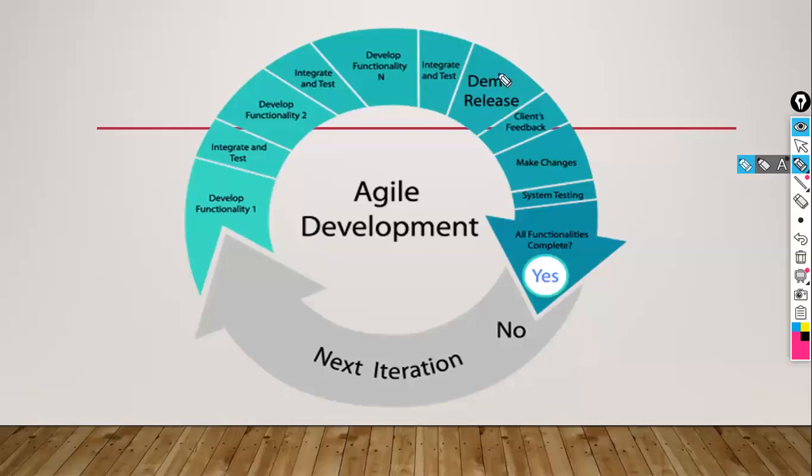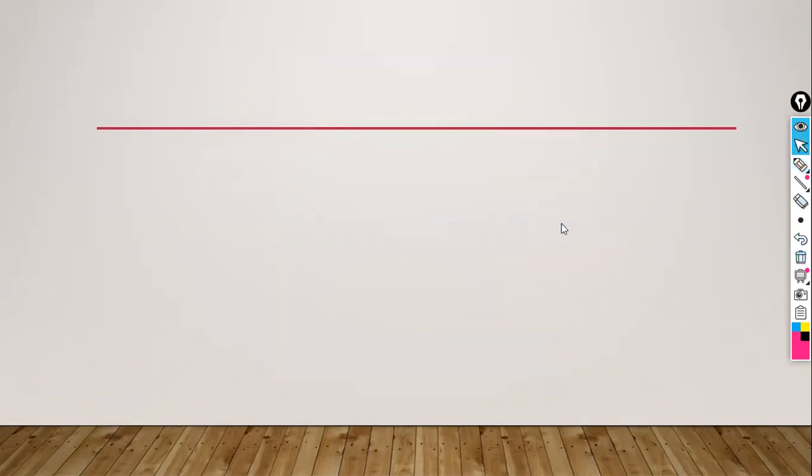The client is there, and we show that release to the client. Based on the client feedback, we do some changes again. The functionalities that we need to complete in the next sprint, we take them and start working on the next sprint. So this is the agile methodology process.